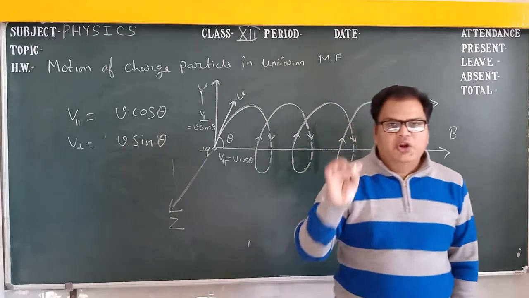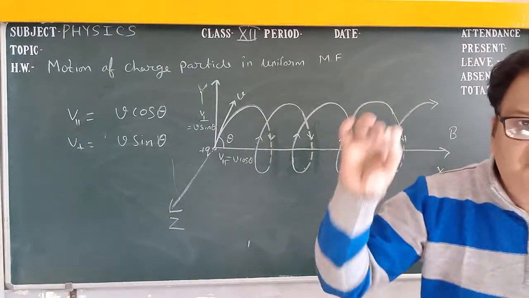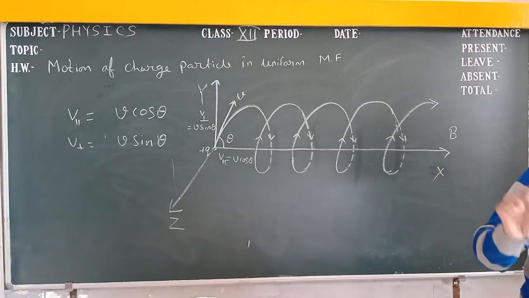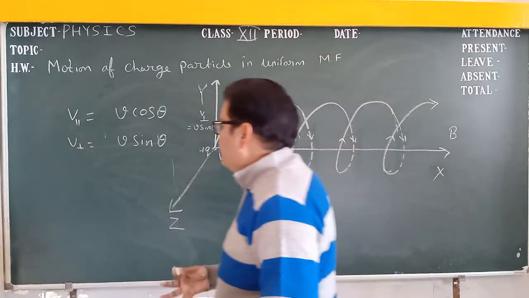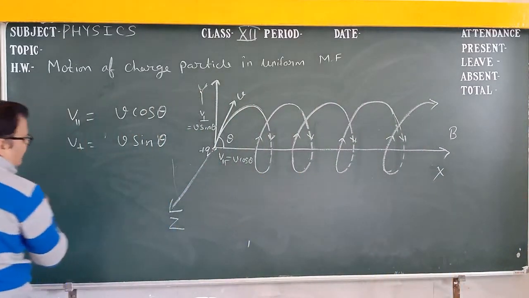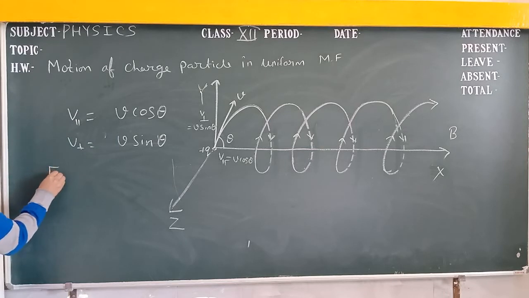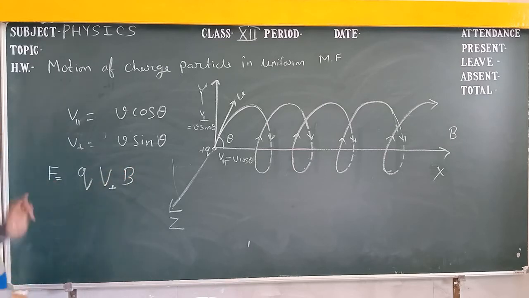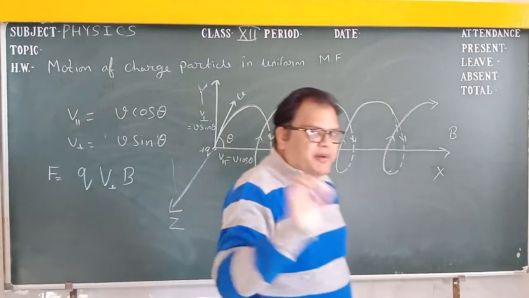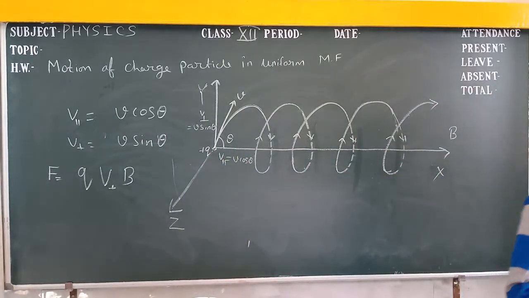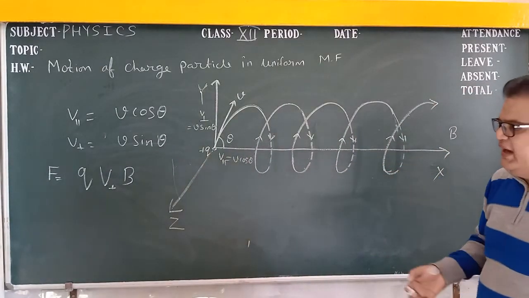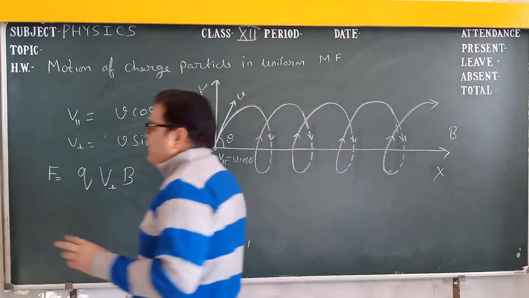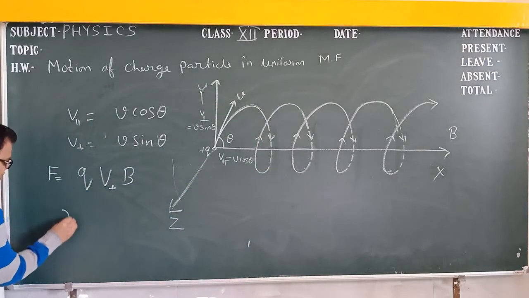Just listen carefully student, due to this perpendicular component, V sin theta, the charged particle experiences the force F equal to q V perpendicular B. We know that force equals this. Because this component makes the rotation, we can easily find the value of R.